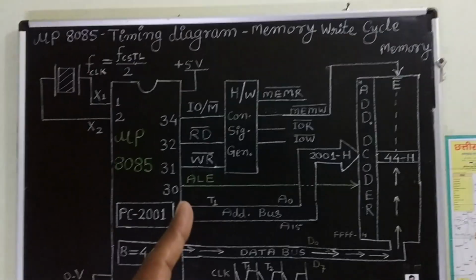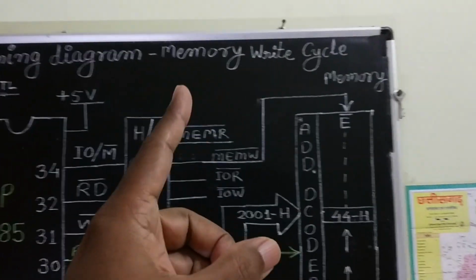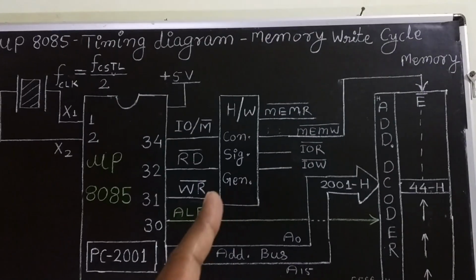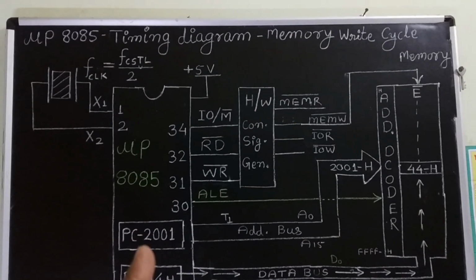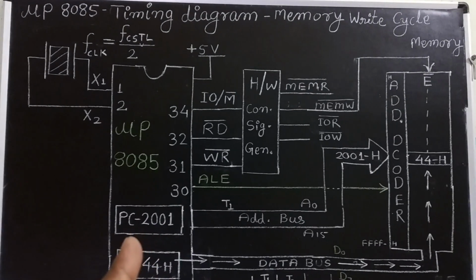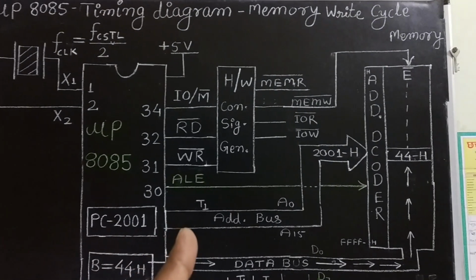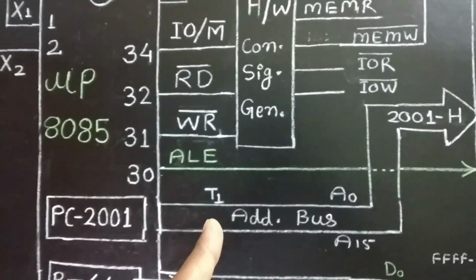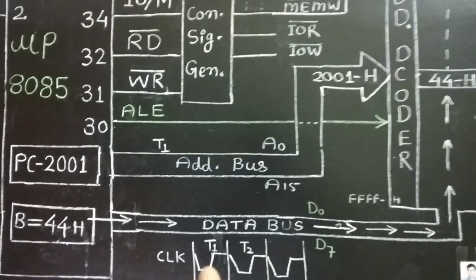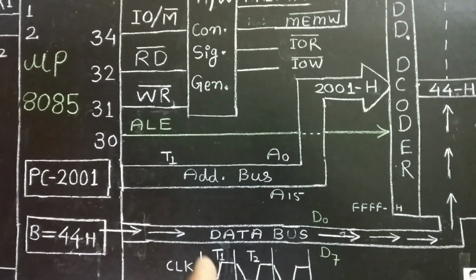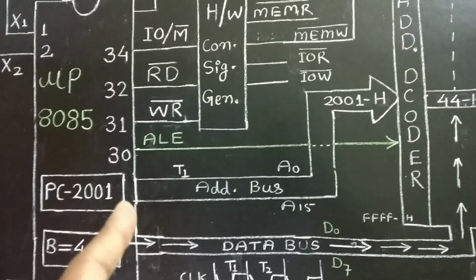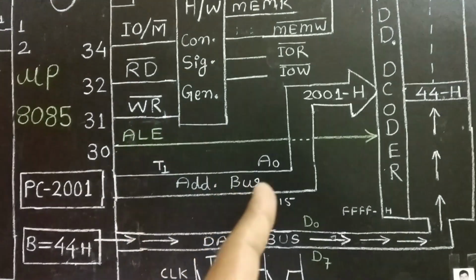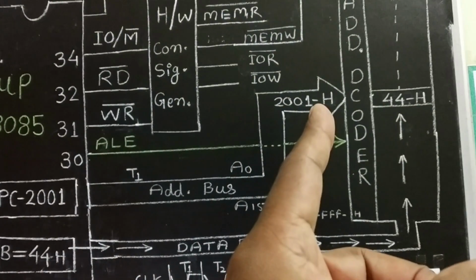Now, because we have to understand the memory write operation, first the microprocessor will load the address of the memory at the starting pulse of the clock. At T1 it will load 2001H, the address of the memory location, to the address bus.